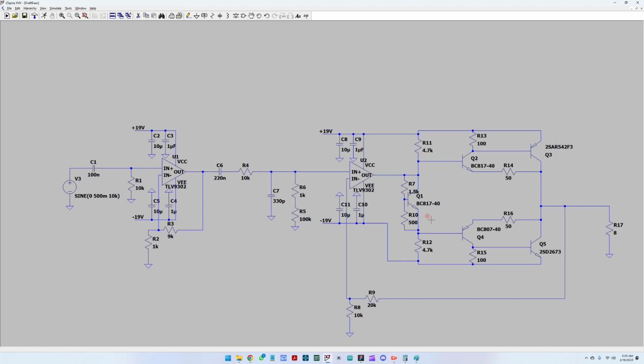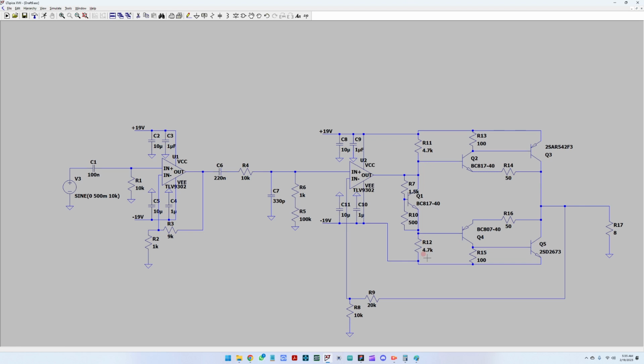Okay, and how am I going to test this? We will do the biasing. I think the first thing that we're going to do is the biasing before we see the amplification. The biasing here has a leakage current flowing from the 19 volts to the minus 19 volts, and has the main purpose of removing the zero voltage distortion between Q3 and Q5.